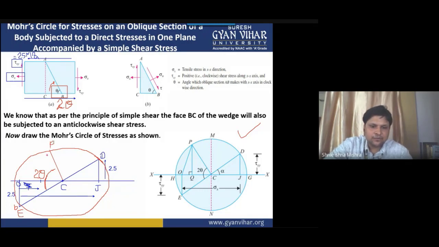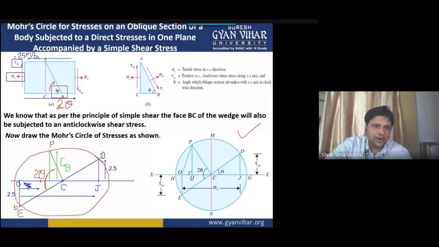After this, students, when you drop a vertical line from this P to the x-axis, this OJ, this length will give you the value of tau theta, because it is in vertical direction, and any value in the vertical direction will give you tau theta.